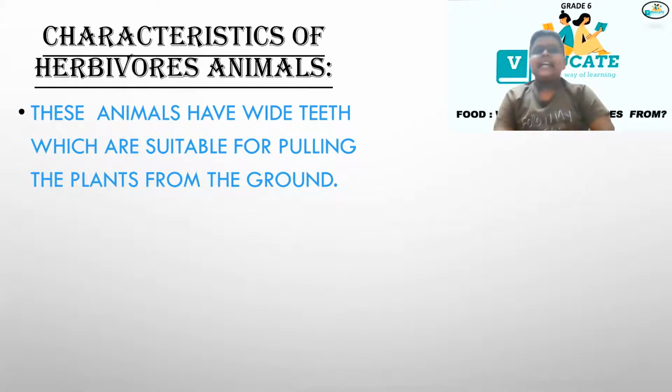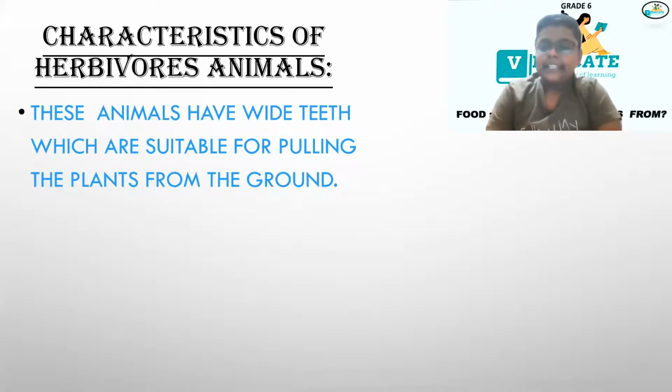Animals like goat, sheep, and horse have broad teeth which help them to pull the plants from the ground and eat them. Grass and other plants are fixed to a root, so the wide teeth help in removing them.